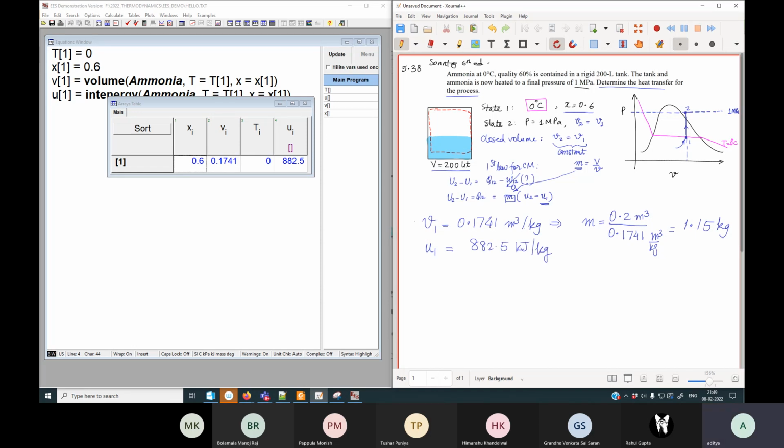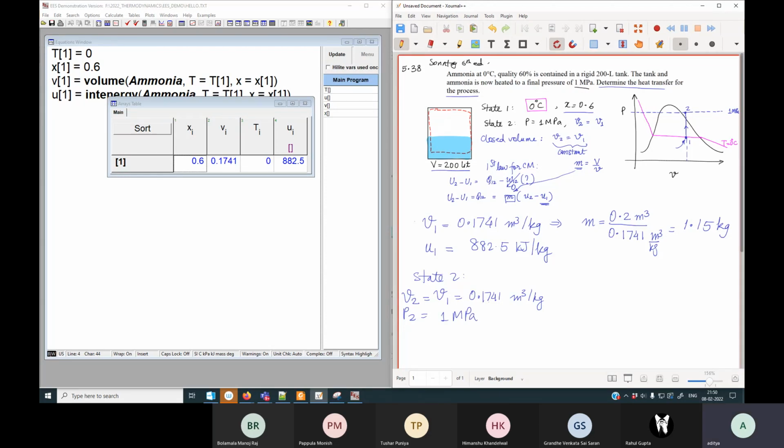Having this information, let us see what state 2 will be. For state 2, the specific volume at 2 is going to be the specific volume at 1, which is 0.1741 meter cube per kg, and we know that P2 is 1 megapascal.